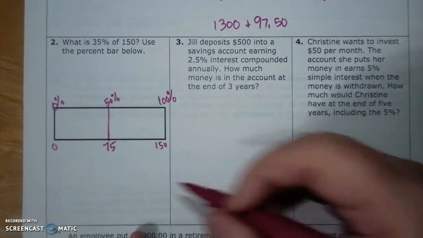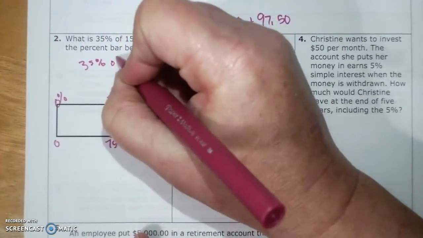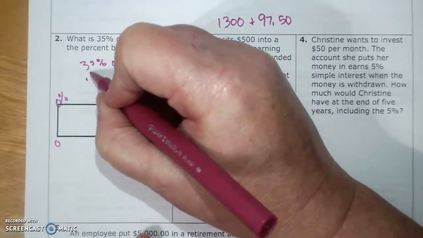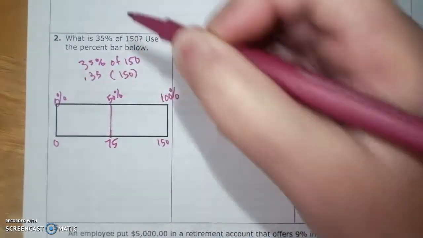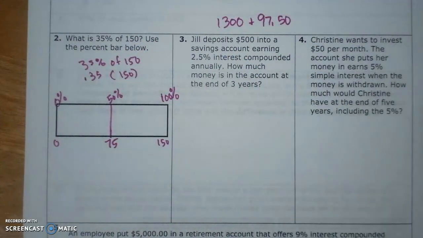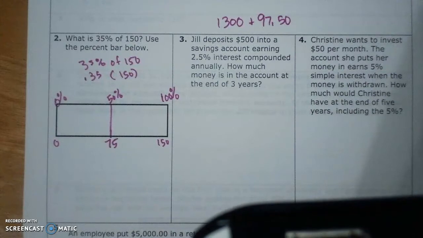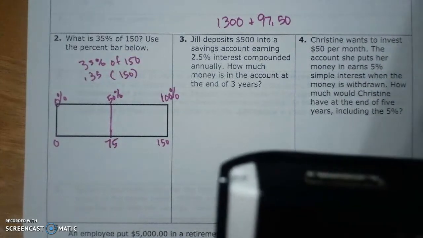I'm going to do 35% of 150. I'm going to do 0.35 times 150.